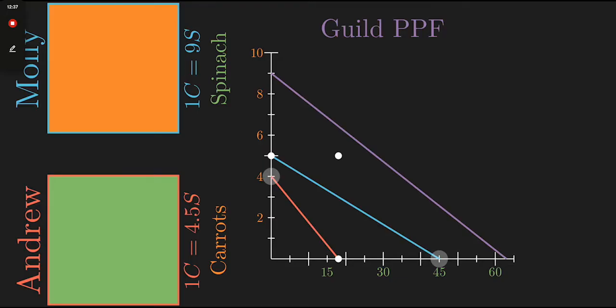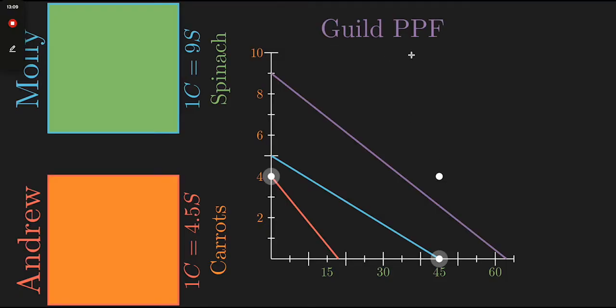And what I'm going to show you next is the true magic of thinking about opportunity cost and specialization. This is one of the fundamental insights in our field. When we choose to grow the things that we're particularly good at, we minimize our opportunity cost. And it makes us capable of producing at a point outside of the guild PPF.